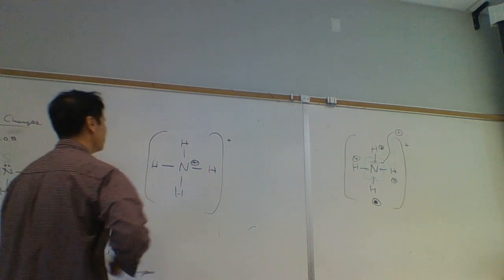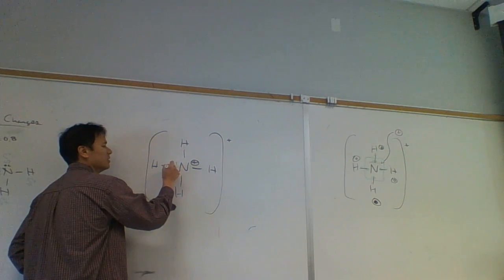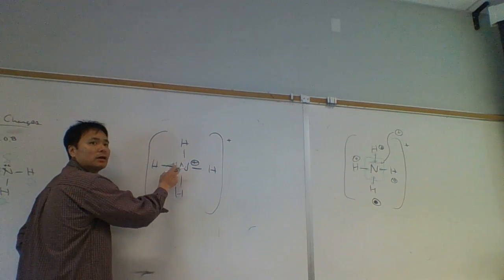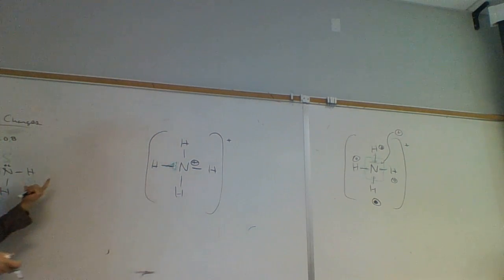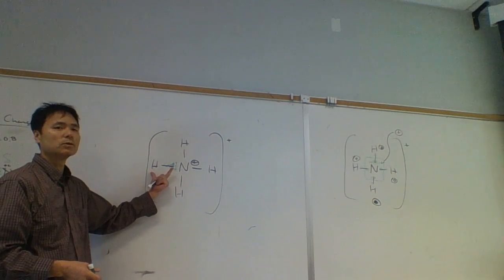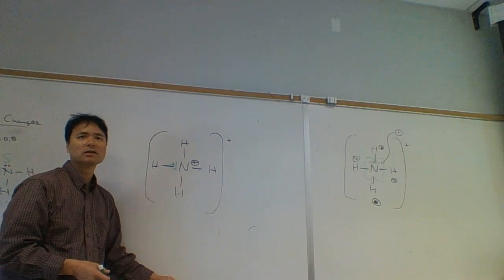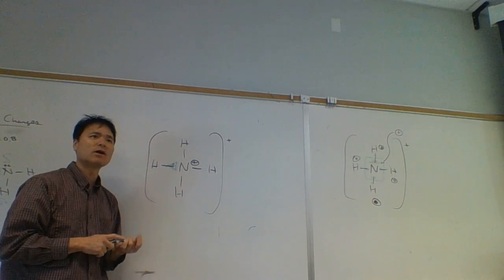And so what that's going to do is make this bond more ionic, less covalent, because it's going to pull in more of the electron cloud this way. In this sense, this bond is going to be more polarized than this bond over here. Does that make sense? This end becomes more delta negative, that end becomes more delta positive, but they don't add up because this has a positive net charge over here. But it's tricky because of how we're comparing things.